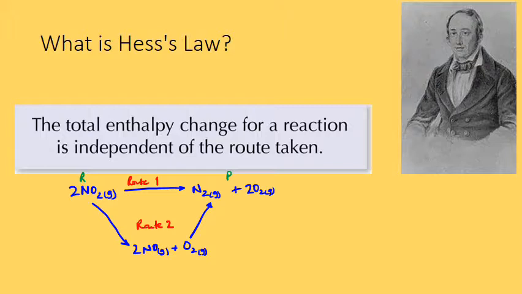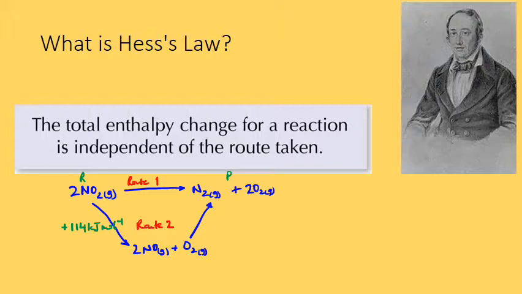So if we were to do the reaction where we partially decompose the nitrogen dioxide, so we've got some nitrogen monoxide and oxygen, that's the first step of route 2. We can do that in the lab, and we could measure that, and when people have measured that, they've found that that's an endothermic reaction, and per mole you're getting 114 kilojoules when you do that reaction there.